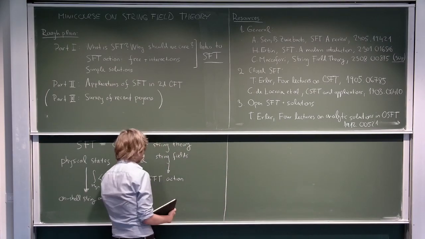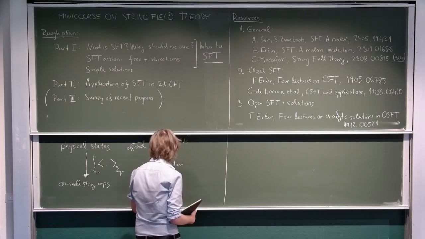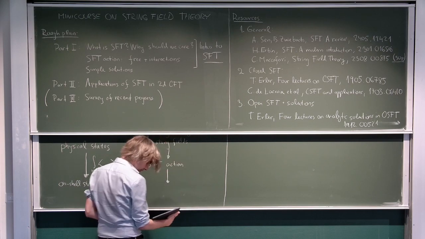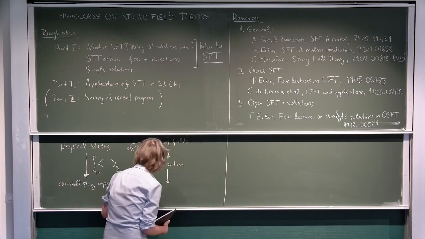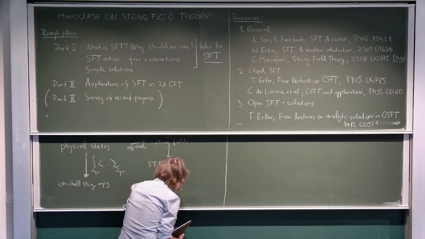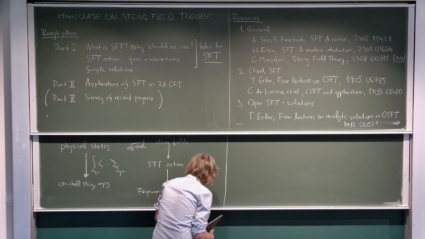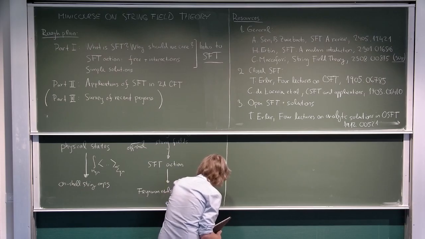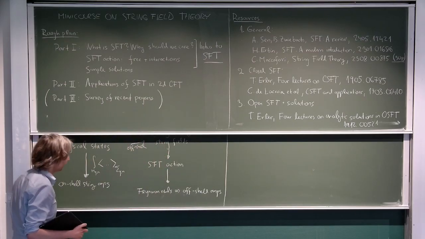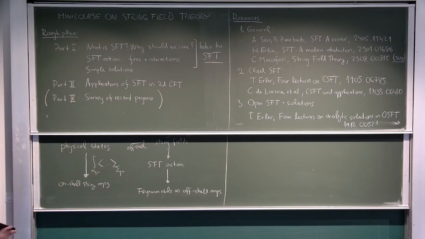And we will try and do so in such a way that the Feynman rules given by the vertices of this action and the propagators will reproduce what we call off-shell amplitudes. So I will later in the course spend some time introducing these off-shell amplitudes, telling you what they are.